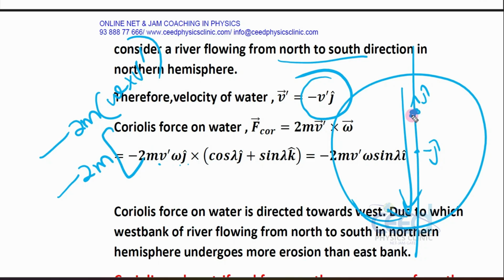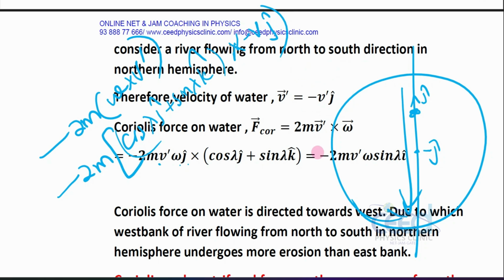Suppose here northern hemisphere, cos lambda j cap plus sin lambda k cap cross minus v j cap. Now j cross j is 0. Now k cross j is minus i, then minus 2m sin lambda v k cross j, that is minus i into minus, that is plus i, right?